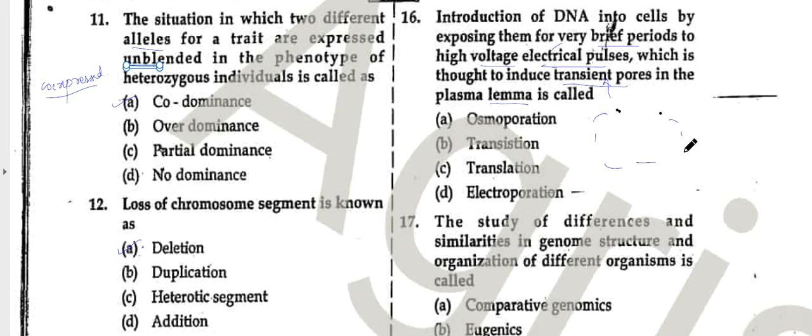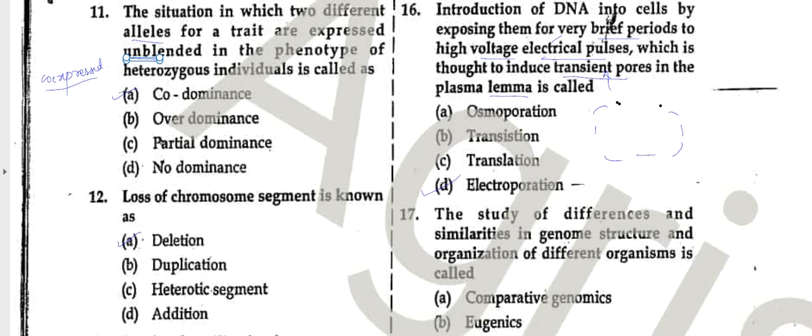These are transient pores, that means the membrane is self-sealing. After the DNA is taken in, the pores automatically become sealed. So this formation of pores due to electric current is electroporation. It's a very important part of recombinant DNA technology.